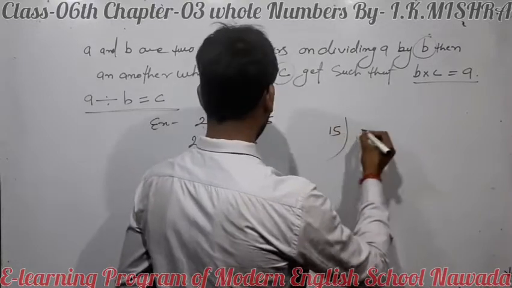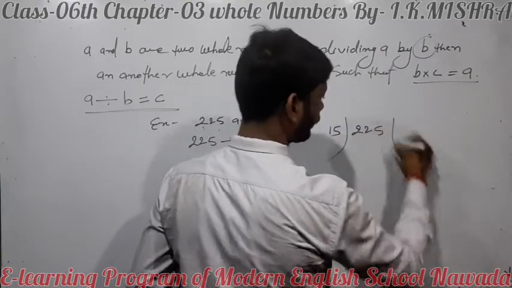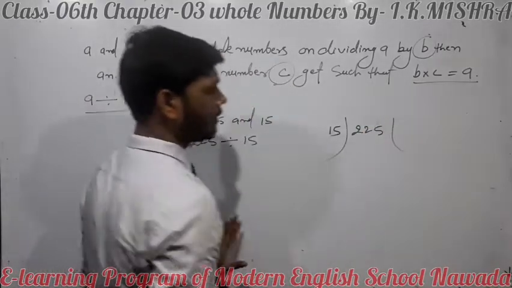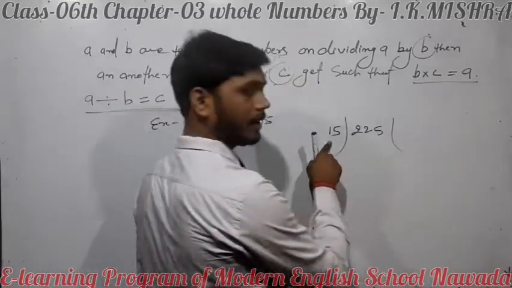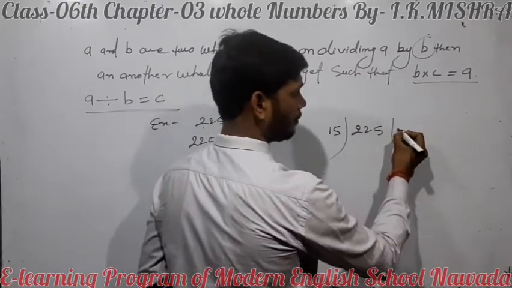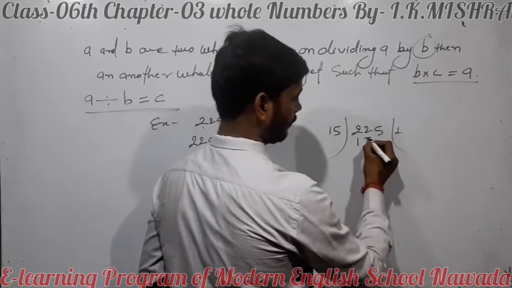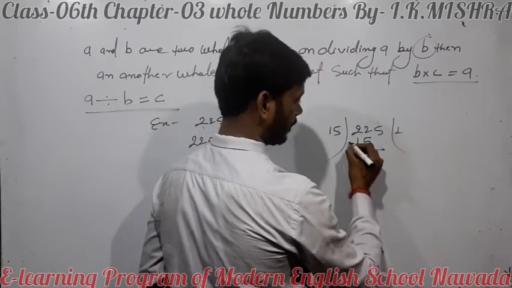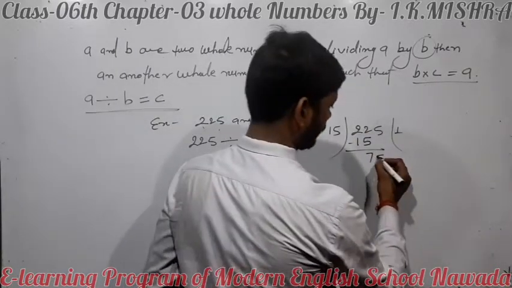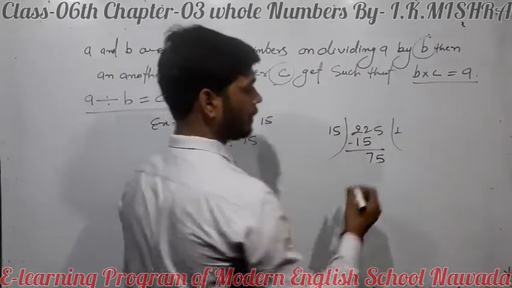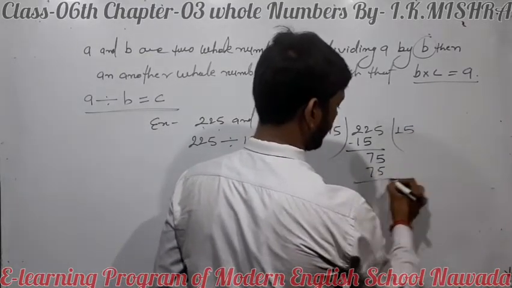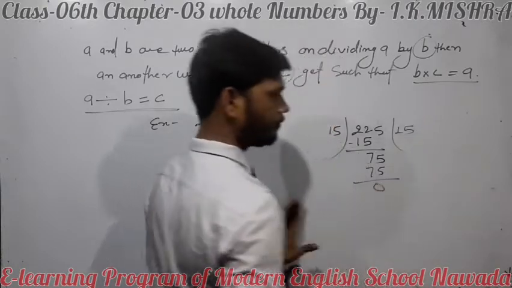Here you divide, you know the process of division, and you multiply 15 by 1 time, you subtract, write 75, and when you multiply 15 by 5 you get 75, here the remainder will be 0.